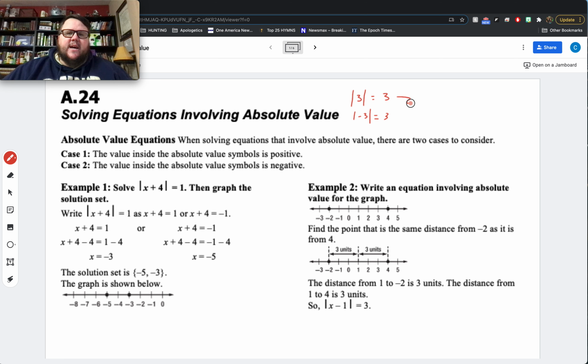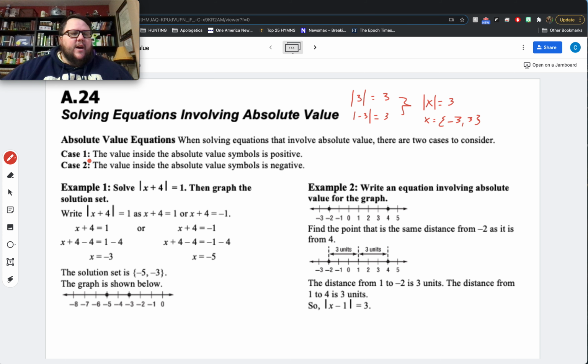So what that tells me is, if the absolute value of x equals 3, x could equal negative 3 or positive 3. So when we deal with absolute values, we can get two answers back.